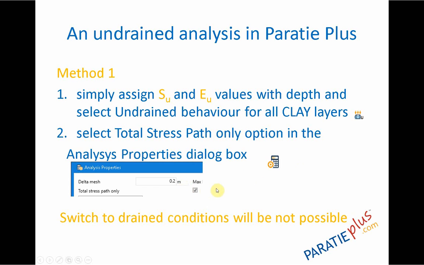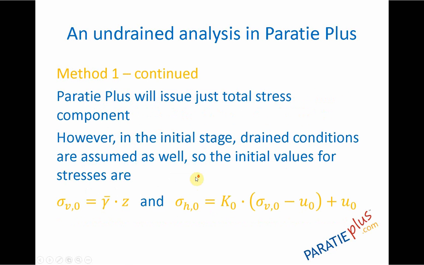We have simply to check this option, and so everything will be done very simply considering only undrained parameters. Of course, it will no longer be possible to switch to drained conditions. So Paratie will do all the calculation considering total stress components.